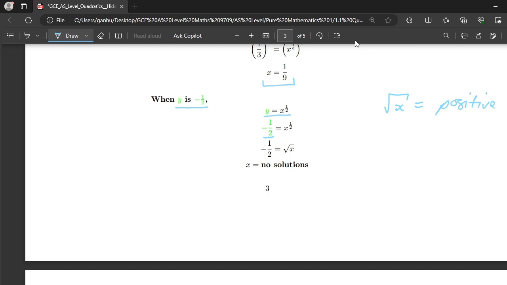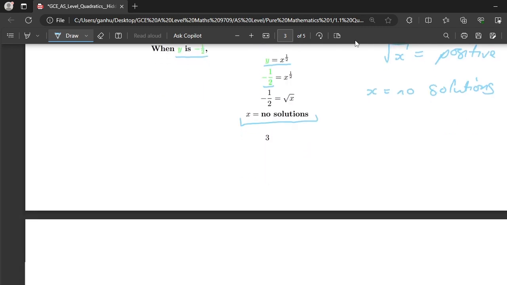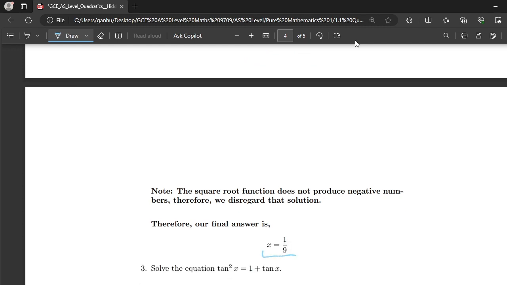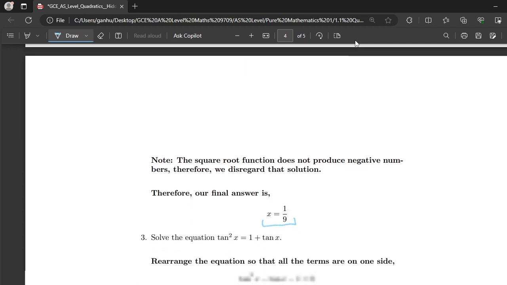So for this reason, since we have the equation negative half equals the square root of x, it means that x has no solutions, because when you take the square root of any number, you cannot get a negative result. Therefore, here you leave it as x equals no solutions. And so our final answer should be x is equal to 1/9.